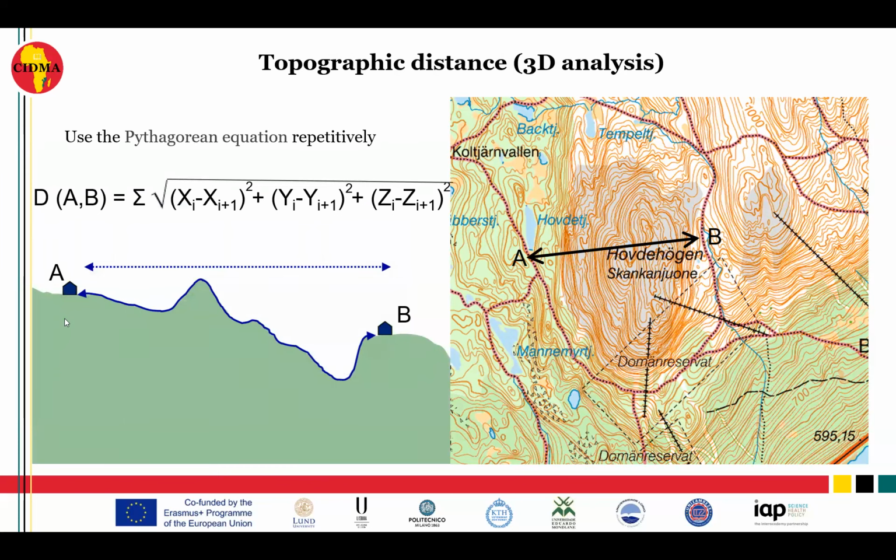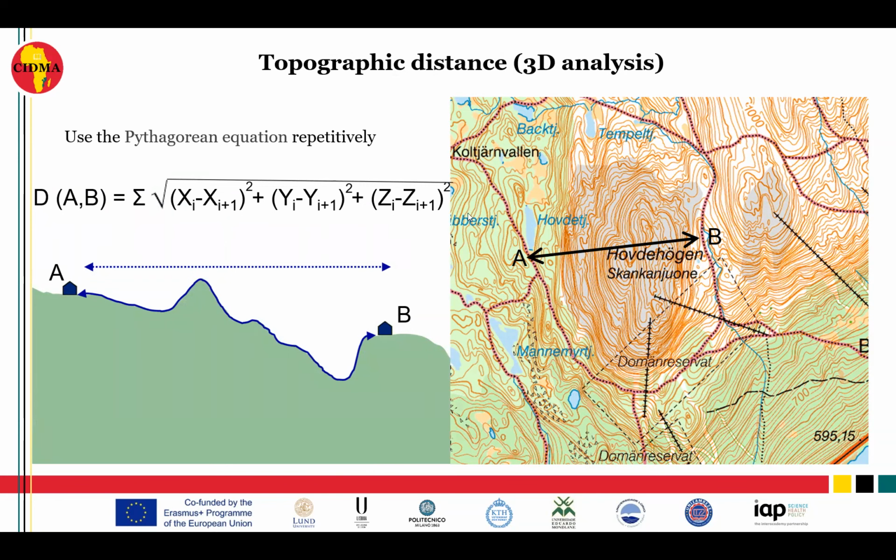So we would go from A to B, for instance. We would have to go up this hill and then down in this valley and then up again. And that is, of course, a longer distance than just the horizontal distance between A and B.